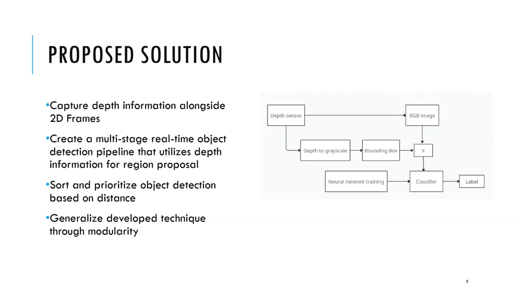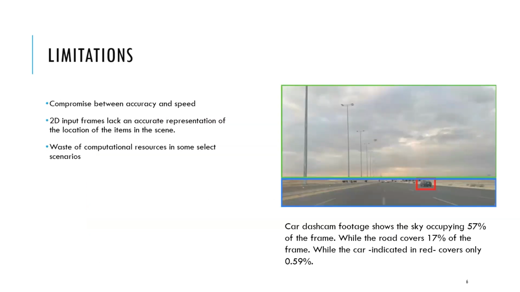Why would we need to sort or prioritize objects based on distance? Here we can go back to the image of the dashcam footage. In case we are very limited on computational resources and we cannot make a single run over a frame, due to the high resolution of the frame or the limited computational power we have, we can prioritize objects that are nearer to be detected first, versus the objects that are further, because nearer objects carry much more importance in some scenarios.